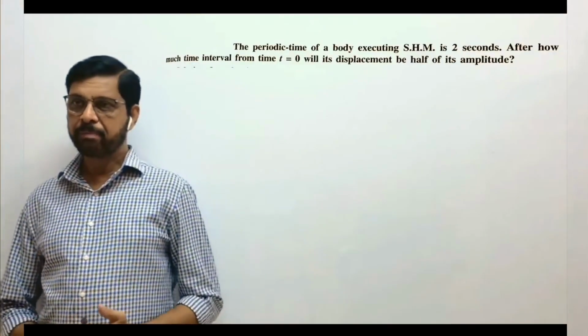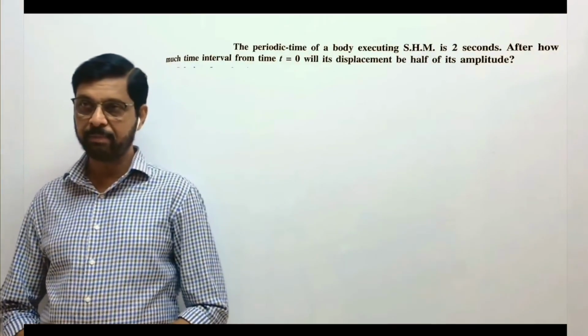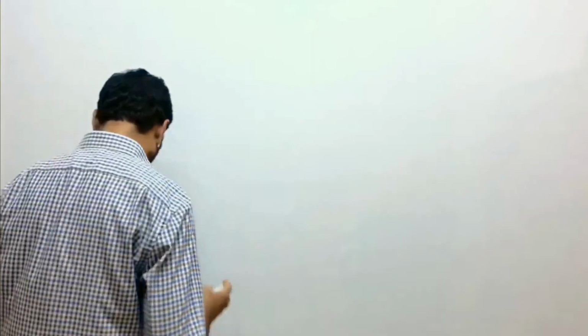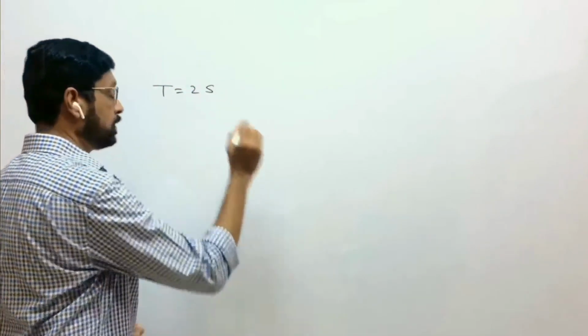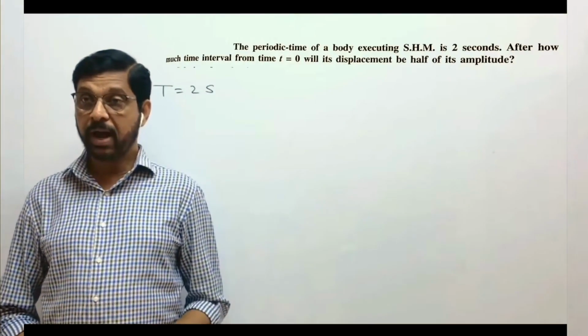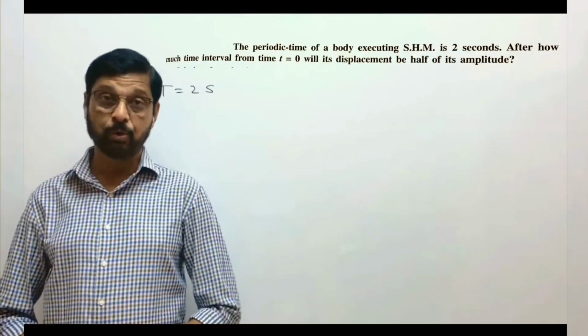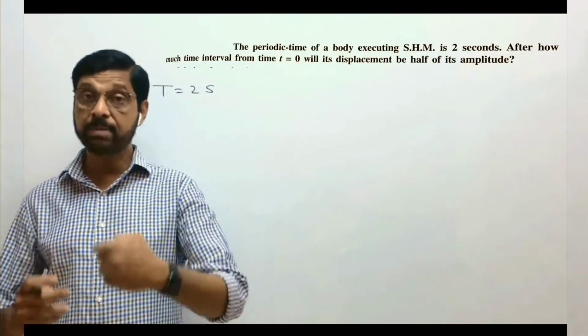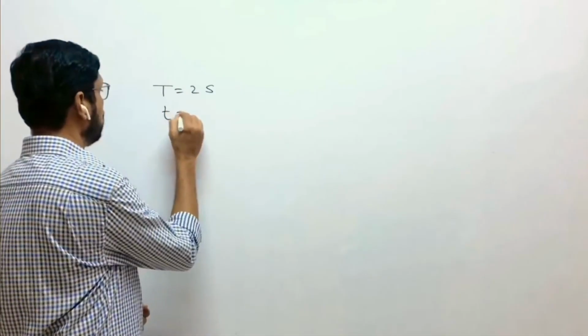The first question: the periodic time of a body executing SHM is 2 seconds. After how much time interval from t equal to 0 means what is asked?